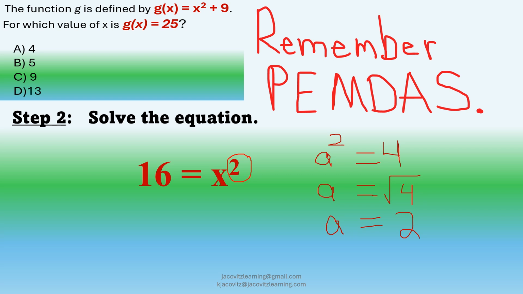This a squared means that when you square this, the square root of 4 is 2. And then you go back and go 2 squared equals 4, because 2 times 2 equals 4.